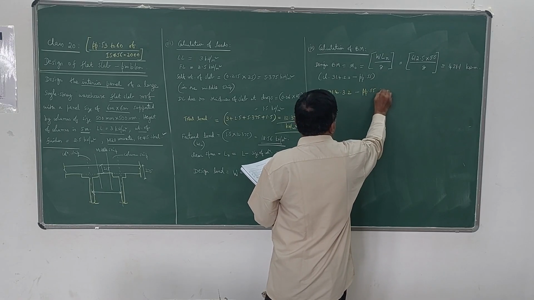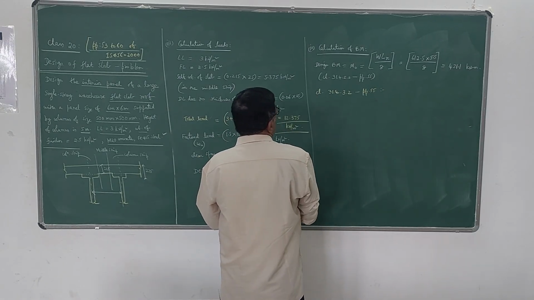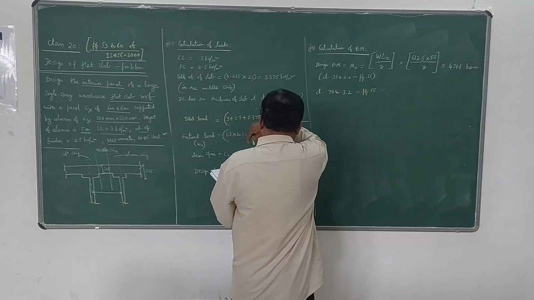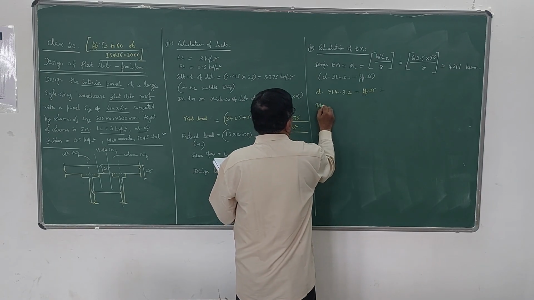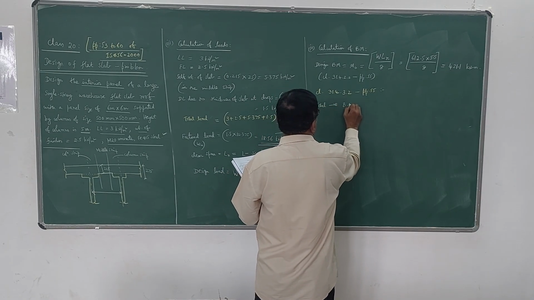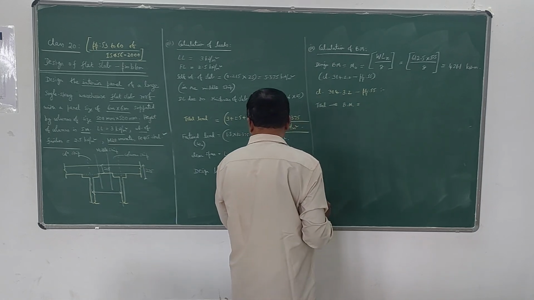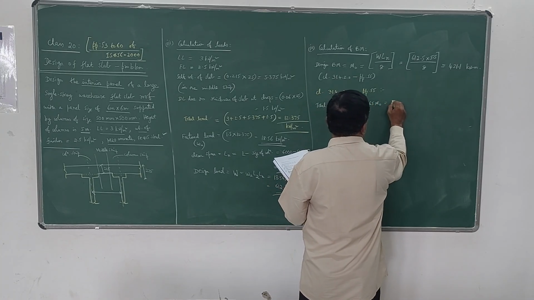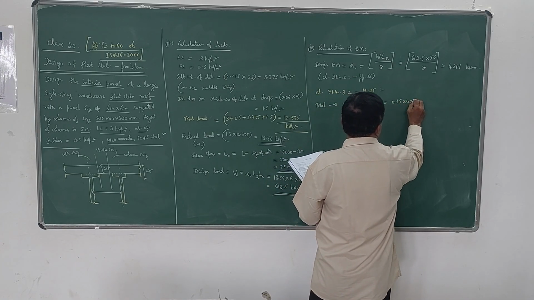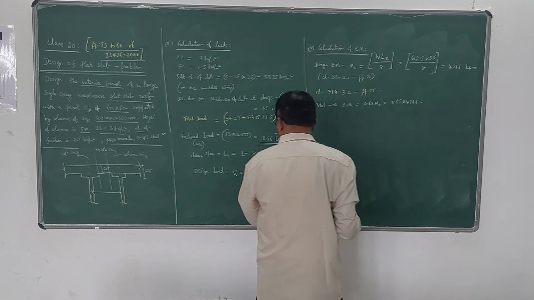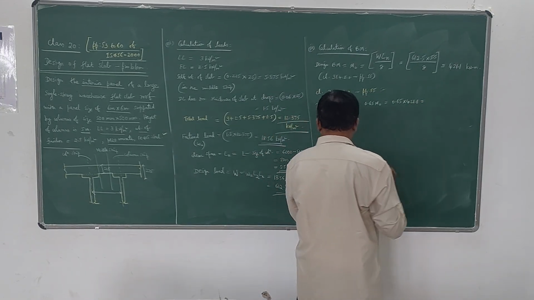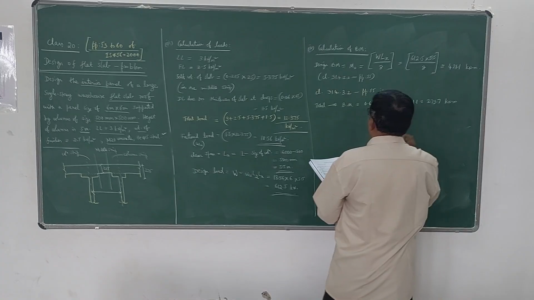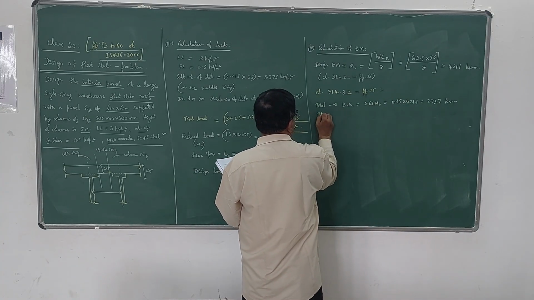The total negative bending moment is taken as 65% of M0, that is 0.65 into 421.1. So the value becomes 273.7 kilonewton meter.